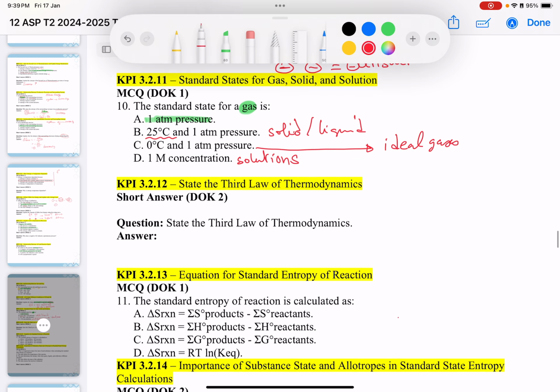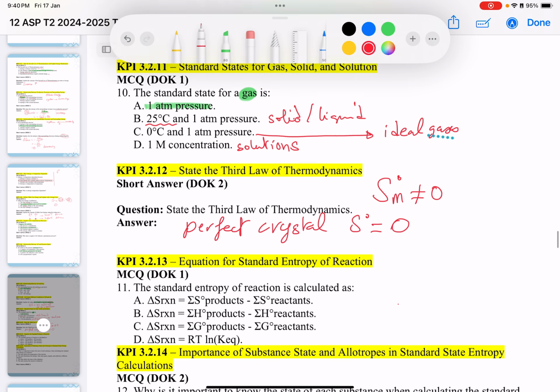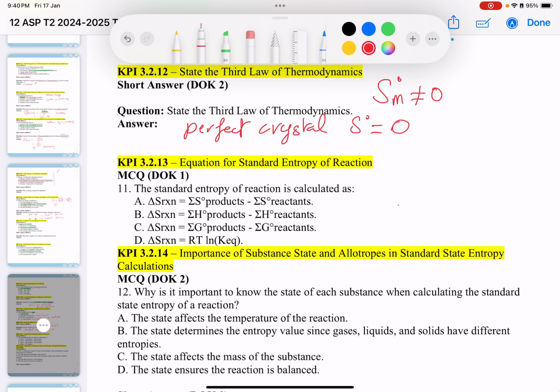Third law of thermodynamics, as I mentioned to you: the molar entropy is never zero. The standard molar entropy is never zero except for a perfect crystal, which is present in a theoretical, hypothetical world. So a perfect crystal has entropy of absolute zero. Now, the standard entropy of a reaction is calculated with this formula.